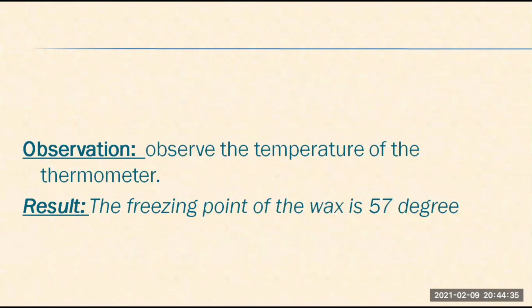We observe the temperature on the thermometer. The freezing point of wax is 57 degrees. That is the freezing point of wax, which means you have already identified the cooling point.